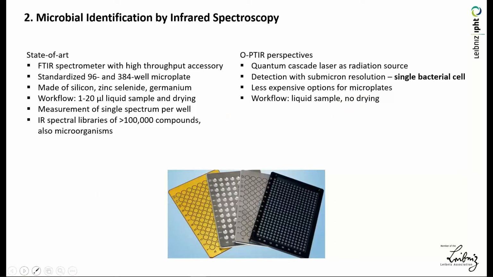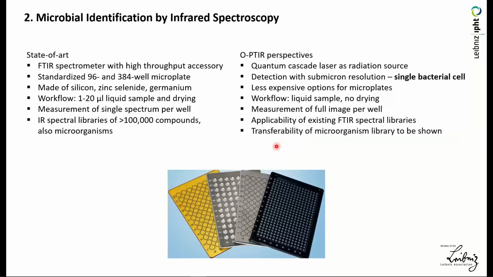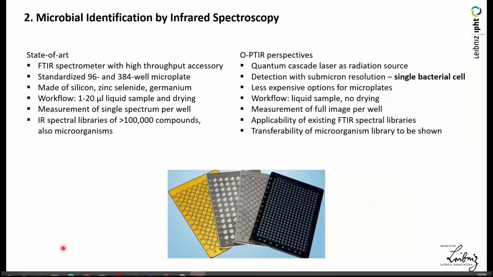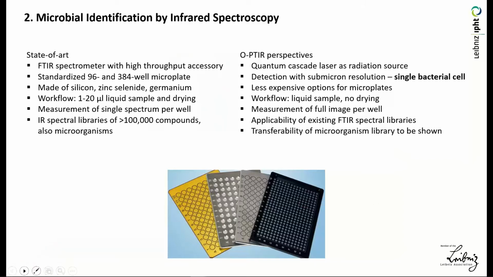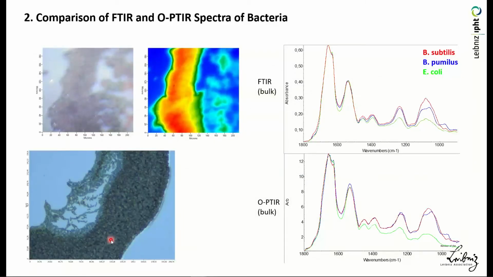Then instead of a single spectrum per well, a full image can be measured per well, and existing FTIR spectral libraries can be applied for chemical compounds. For microorganisms, the transferability of a library needs to be shown. But preliminary data are very promising, as shown on the next slide.